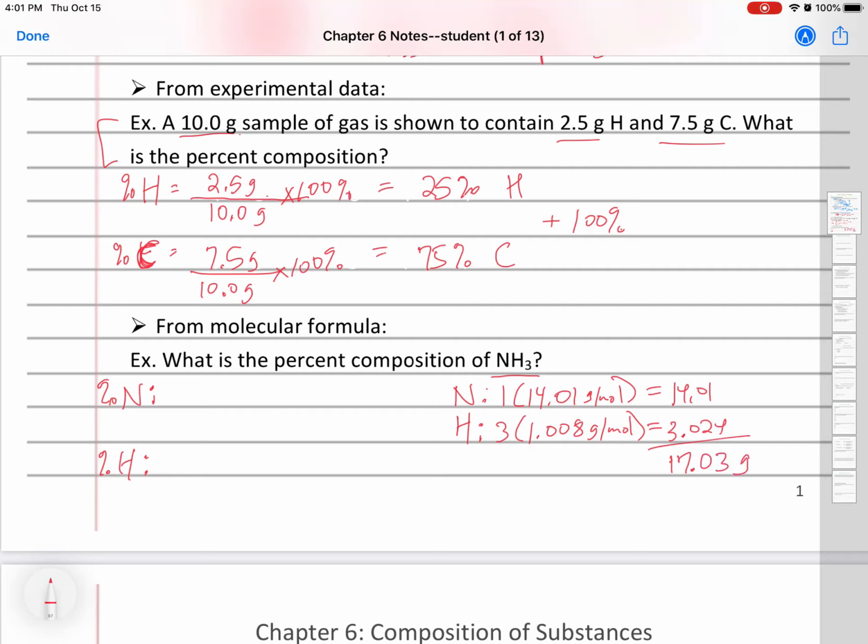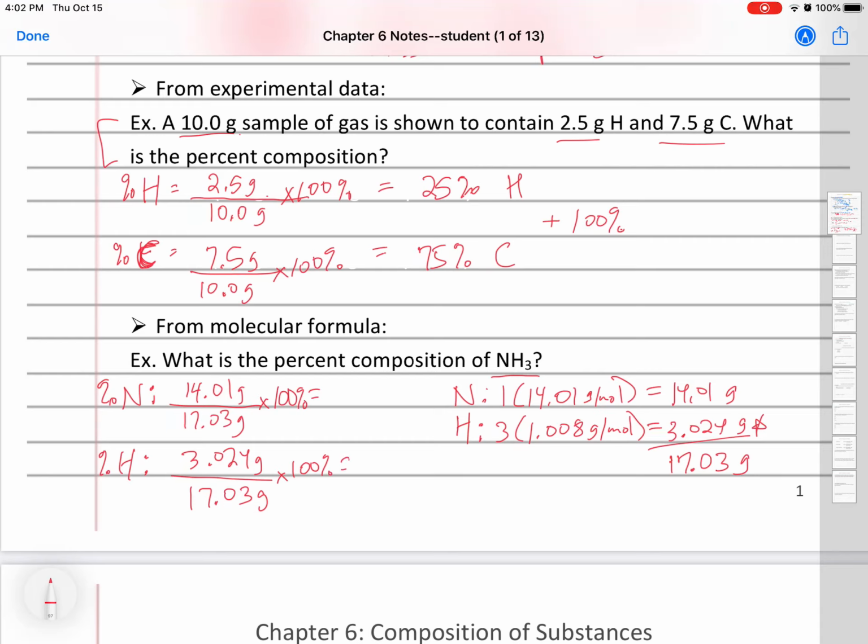So the mass of nitrogen in this compound is 14.01 grams for every 17.03 grams of ammonia. And for hydrogen, there's 3.024 grams of hydrogen for every 17.03 grams.